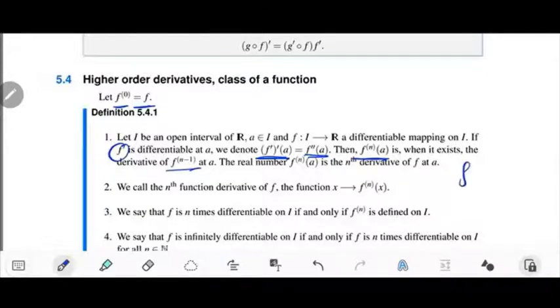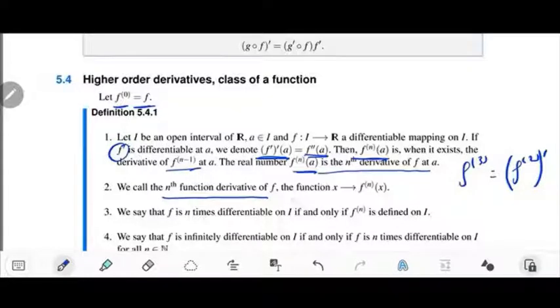So f 3 is equal to the derivative of f 2, etc. And the real number f n of A is called the nth derivative of f at the point A. So we call the nth derivative function of f the function f n of x.